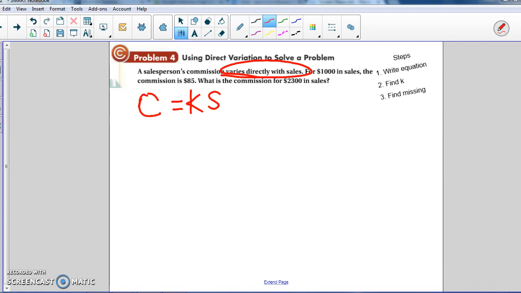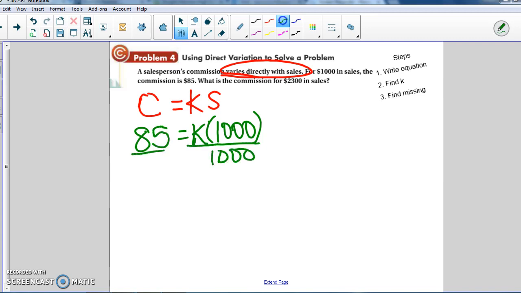We're going to find k. So for $1,000 in sales, k times 1,000 is equal to the commission of $85. Divide by 1,000, and k is equal to 0.085.